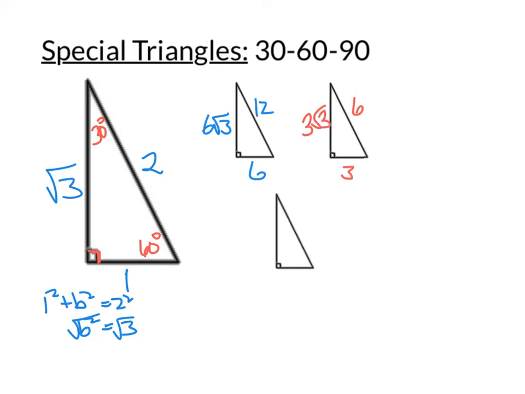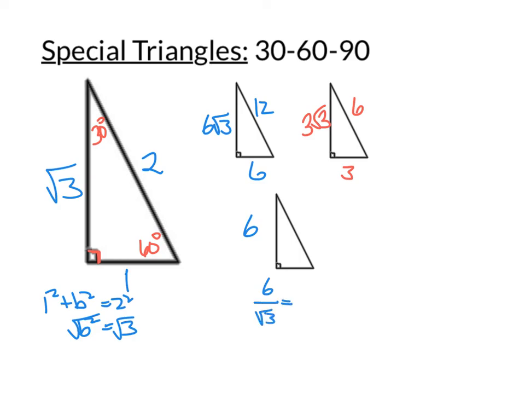The trickier one happens when it's the longer leg that has that length of 6. We still want to work back to the smaller side first. Remember that when we go from the shorter leg to the longer leg, we multiply by square root of 3. Now we're working backwards, so we're going to want to take that 6 and divide it by square root of 3.